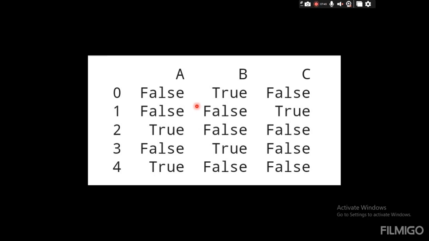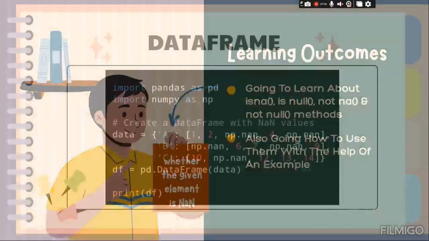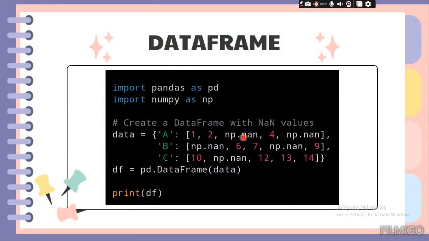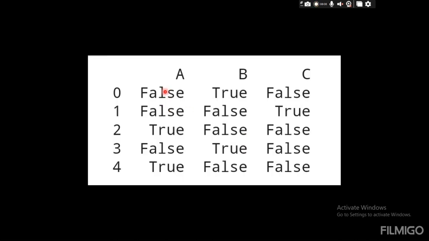As I said earlier, we got an output which is a boolean data frame that consists of true values and false values. In this data frame, a true value indicates that the corresponding element is a nan value. Conversely, a false value indicates that the corresponding element is not a nan or null value.